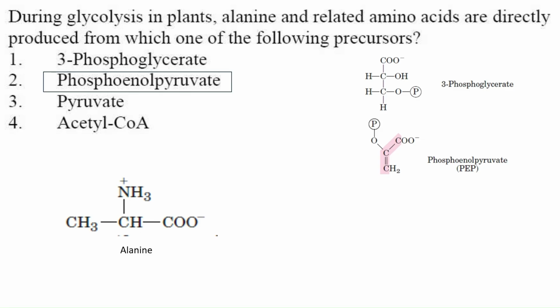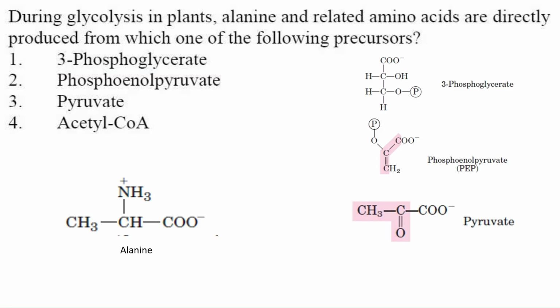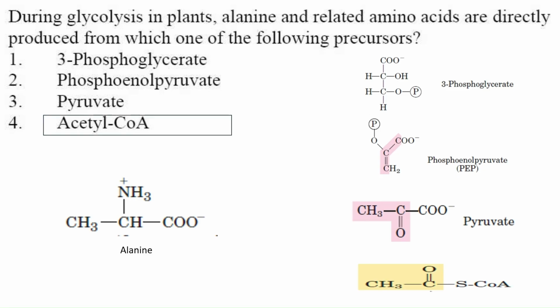Then we have phosphoenol pyruvate. Then we have pyruvate, and at the end we have acetyl CoA. Now take a pause and see which one resembles alanine the most. Let me know in the comments if you can guess the correct answer.